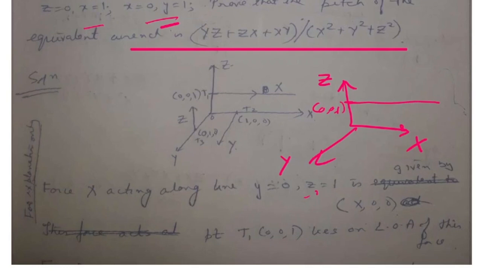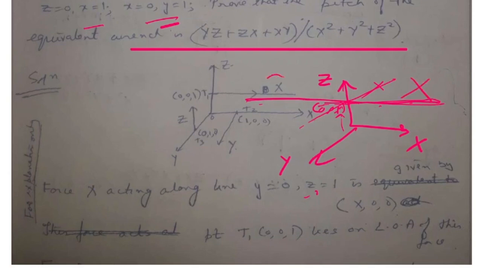That means you cannot go on any of this portion, because if you take any line here, y is not equal to 0, and on that side also y is non-zero. If you want y equal to 0, I can extend along this. Z is fixed at the height I have chosen, and x is unrestricted. So this is my line of action of X.